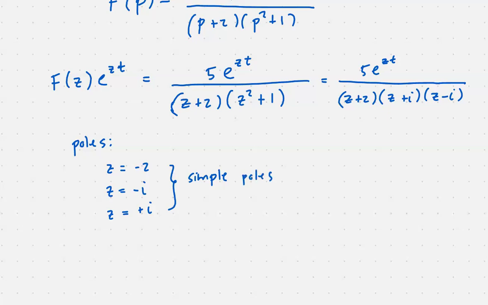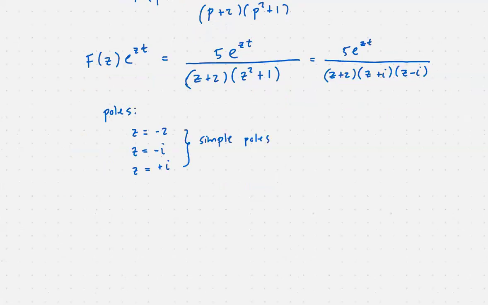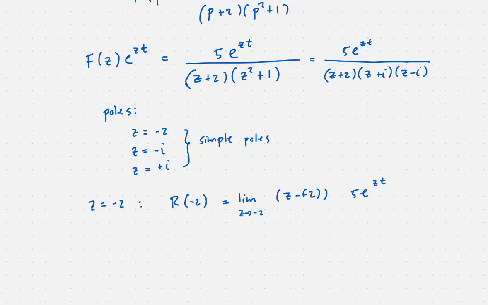So for z equals -2, the residue r at -2 is equal to the limit as z approaches -2 of z minus -2 times our function, which is 5e^(zt) over (z plus 2)(z plus 1)(z minus i). Sorry, z plus i.